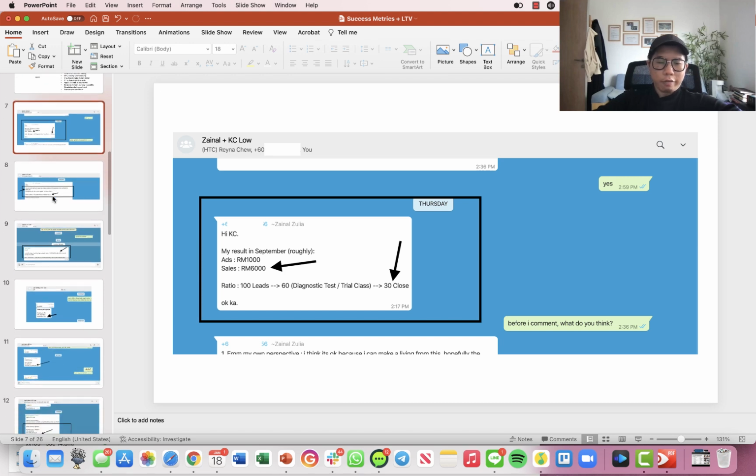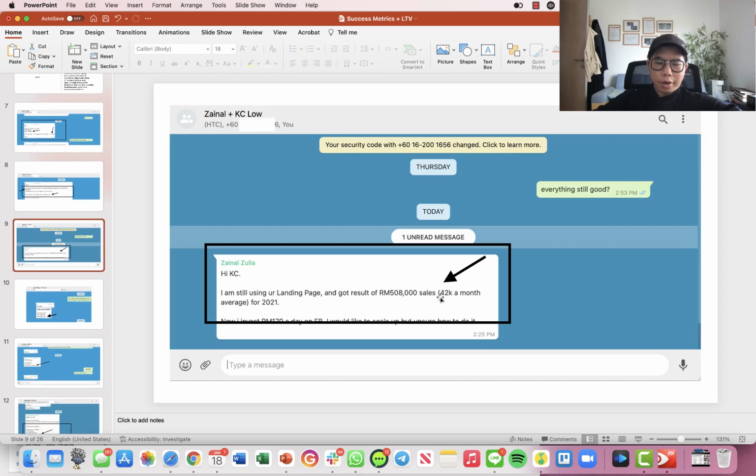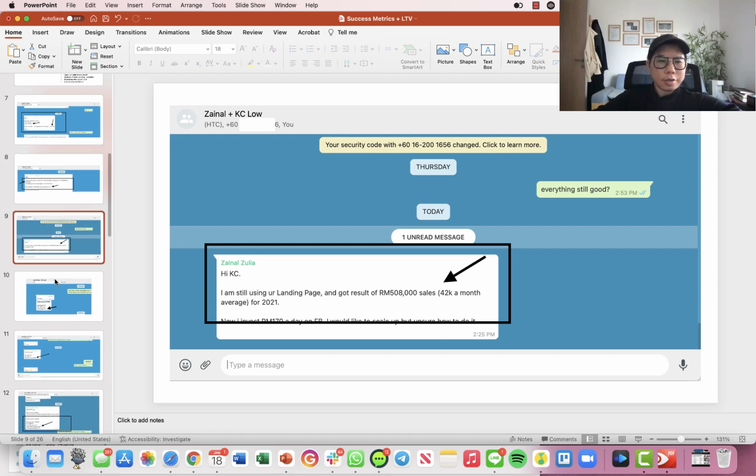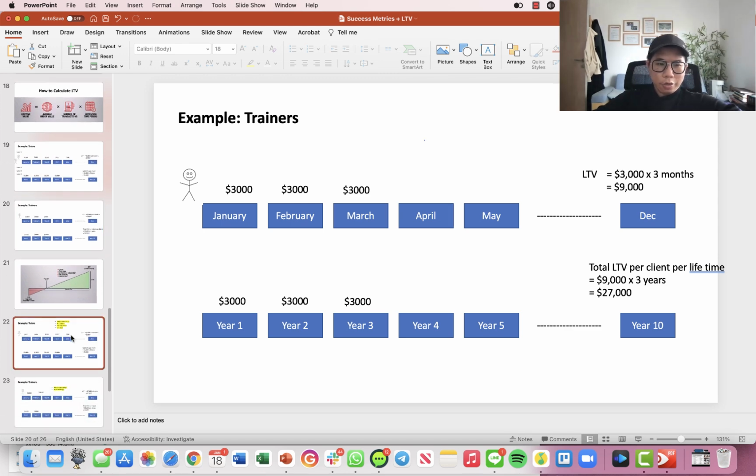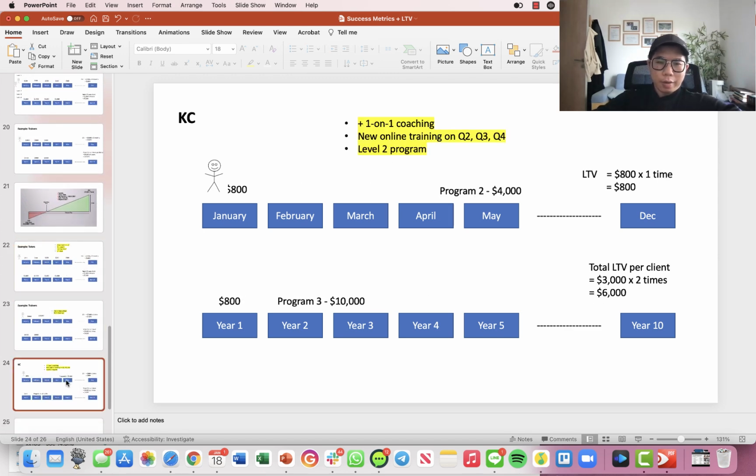Now you probably are making 5 figures already. Okay? 5 figures a month already. So how do you want to go for 6 figures per month? So then actually I need to plan out something. I need to improve myself. How can I work with you? How can I add value to you, so that you will pay me again? So that's actually how we think behind the scenes.